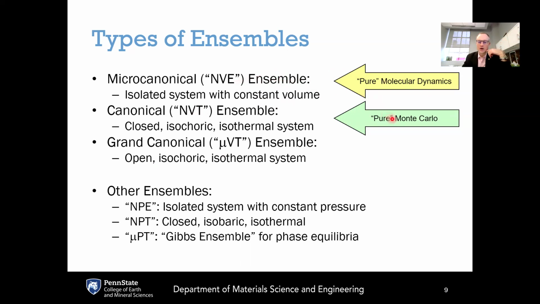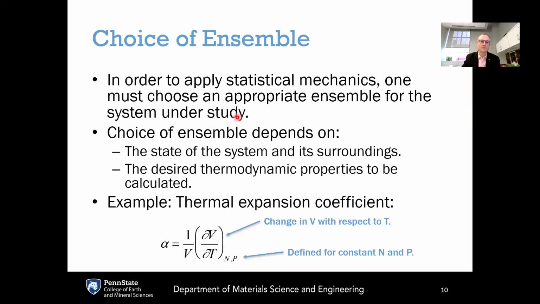With the Metropolis Monte Carlo technique, this is based on sampling and using a Boltzmann distribution. This, by default, is in the canonical ensemble. And so this is actually one of the key differences between MD and MC, where MC is by default in the canonical ensemble. It doesn't need a thermostat to maintain that constant temperature.